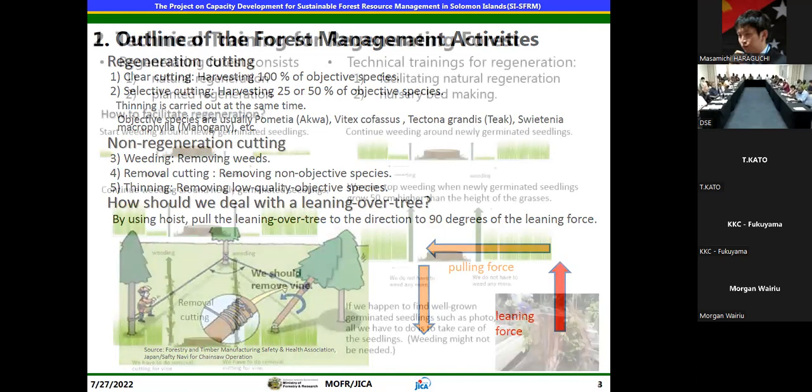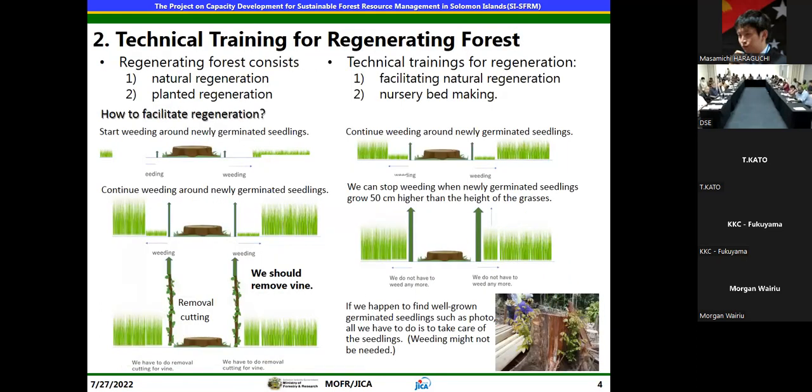Technical training for regenerating forest. Regeneration forest consists of natural regeneration. For every one of us who have been in the forest, any seedlings growing naturally can be regarded as natural regeneration.